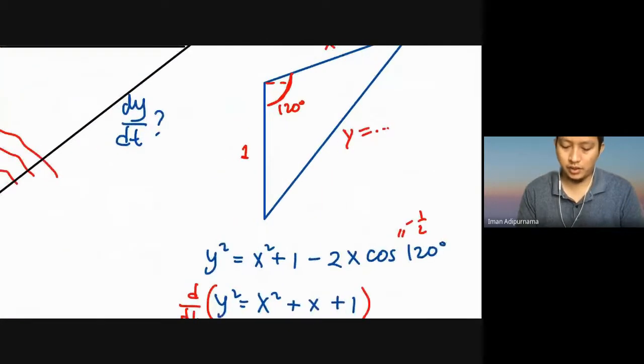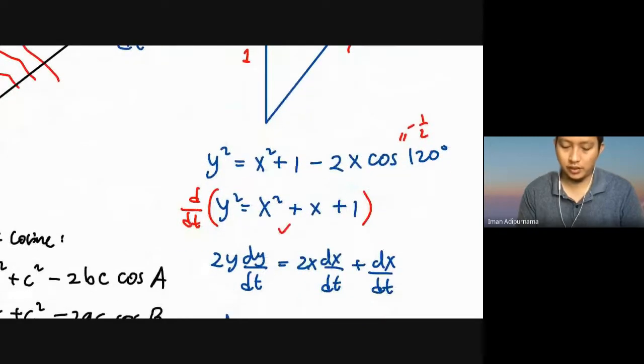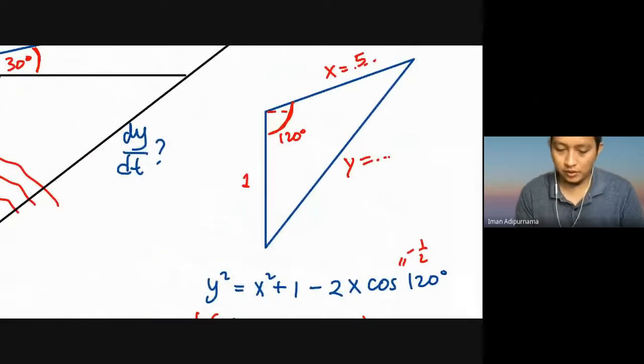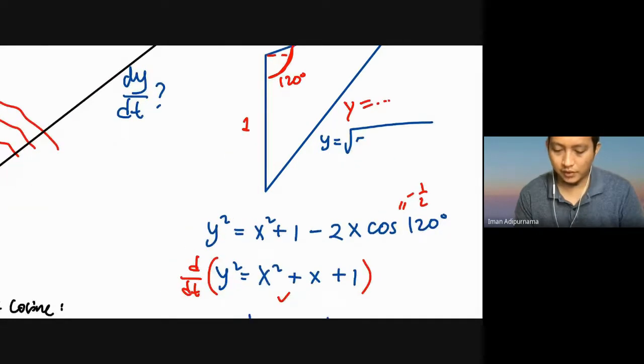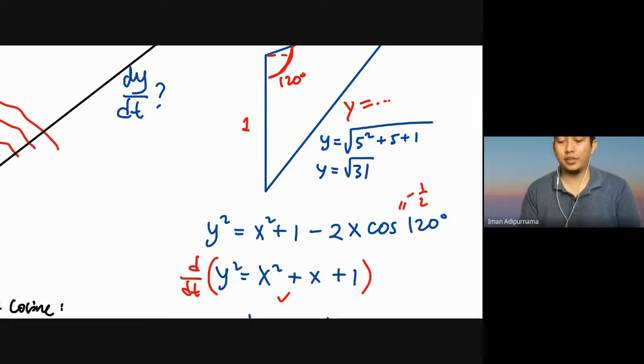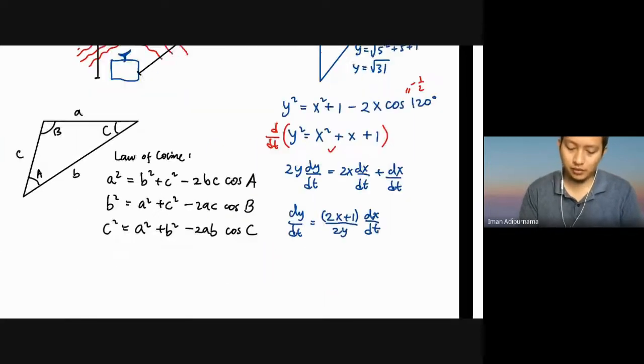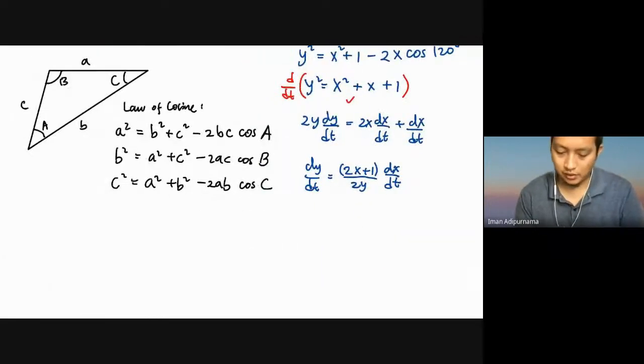We can use the law of cosine here. So y will be the square root of 5 squared plus 5 plus 1. This is not really a good number here, square root of 31. Okay, we can check with the result.